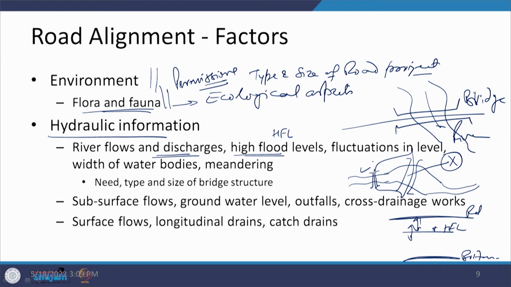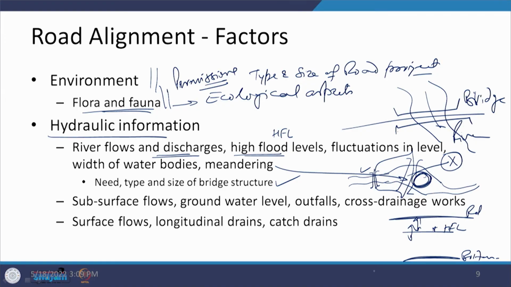So, we need to take that also into consideration, and when we are looking at this particular area, one aspect which may happen is the meandering nature of the river. So, at this point if the river is changing its course, its width, then a bridge provided here may become useless after a certain point of time, because the river has shifted its location.